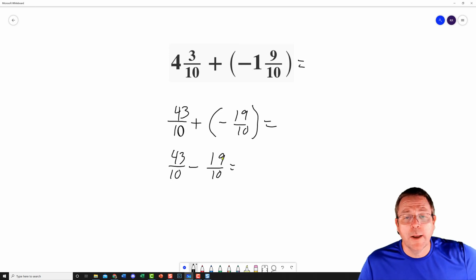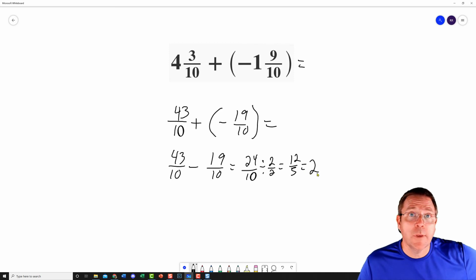All I have to do, 19 minus 43, that is going to be 24 over 10. That'll simplify down. You can divide by 2 over 2, which is going to make that 12 over 5, which is the same thing as saying 2 and 2/5 for your final answer. The answer is positive. All is good.